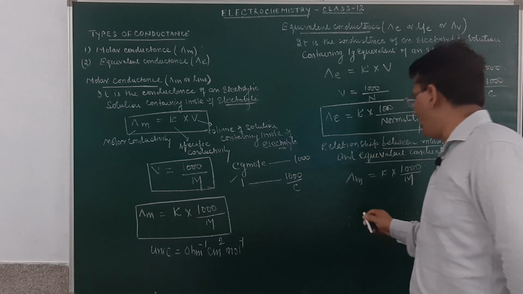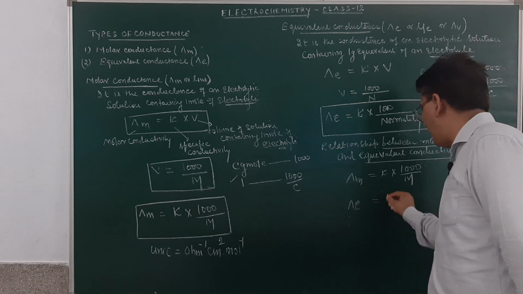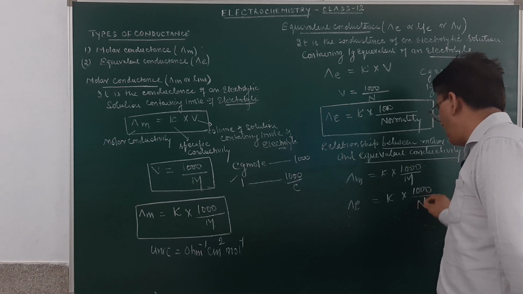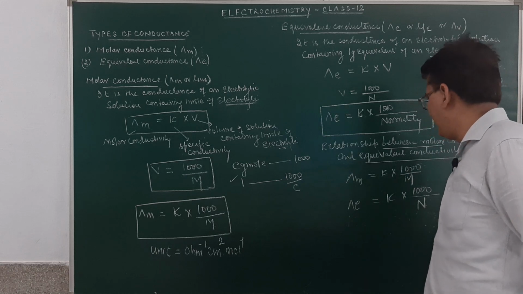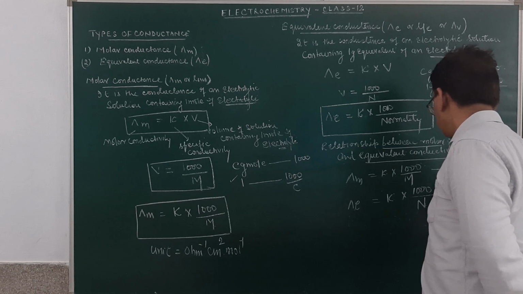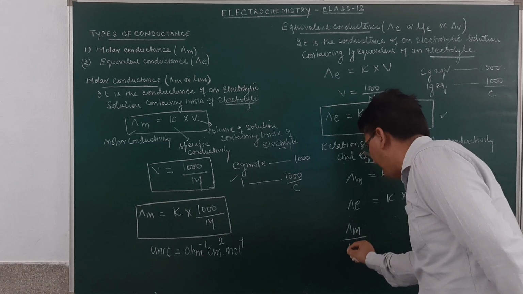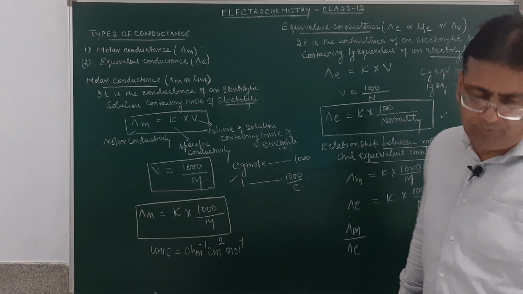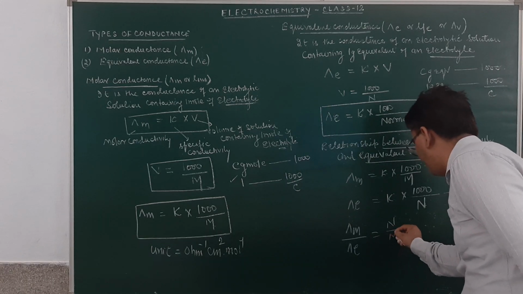Similarly, if you find the equivalent conductivity, cap E, this will be equal to kappa into 1000 upon normality of the solution. Suppose this is equation number 1 and this is equation number 2. If we find cap M upon cap E, that is equation 1 divided by equation 2, this will be equal to normality of the solution upon molarity of the solution.